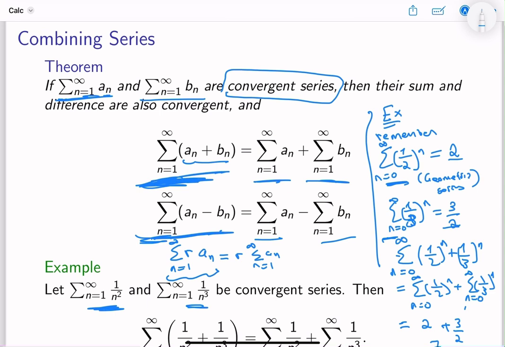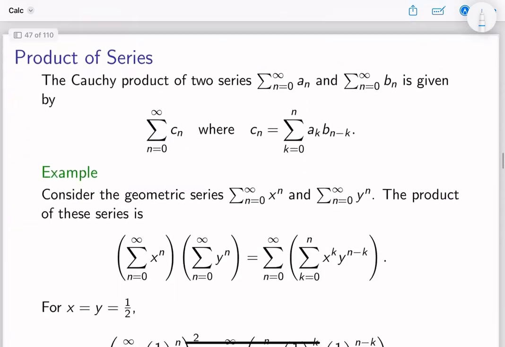Remember, when you have a limit, you can pull the constants outside the limit. This is something I've been using: you can pull a constant outside the infinite series.